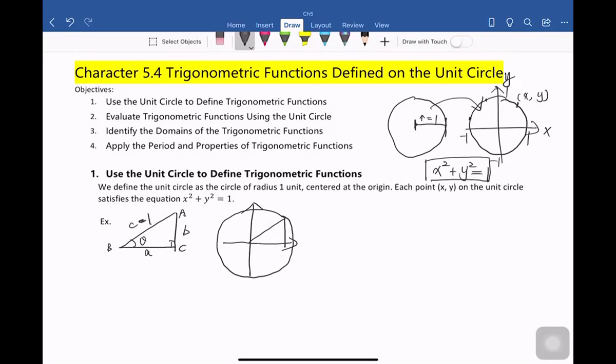You see that A and B correspond to the point (A, B) here.